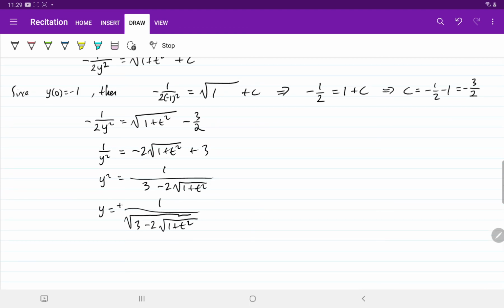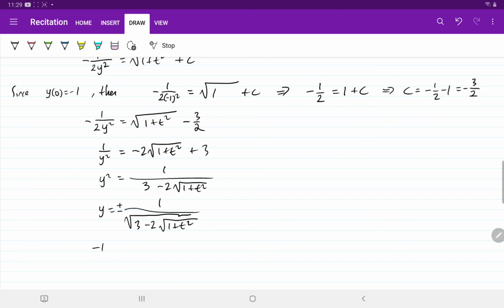Wait, so here you have plus minus, right? So which one is it? The plus one or the minus one? To decide, we can check with the initial condition. So y0 equals minus 1.